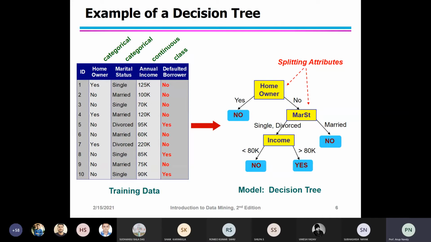If the income is less than 80K, then the defaulter borrower is no. If it is greater than 80K, then the defaulter borrower is yes. I am not telling you this is an optimal decision tree. This way you can grow the decision tree. If you develop a decision tree based on the training set, then any test set coming to you can be tested.